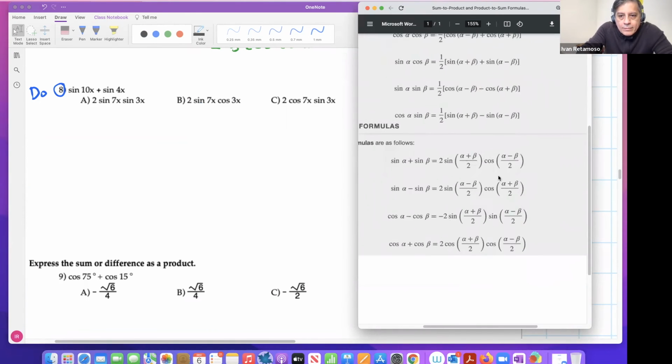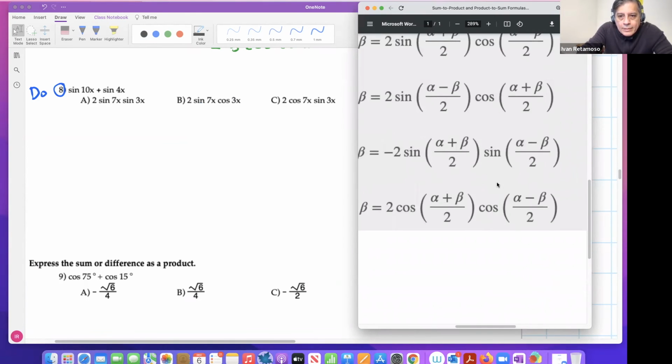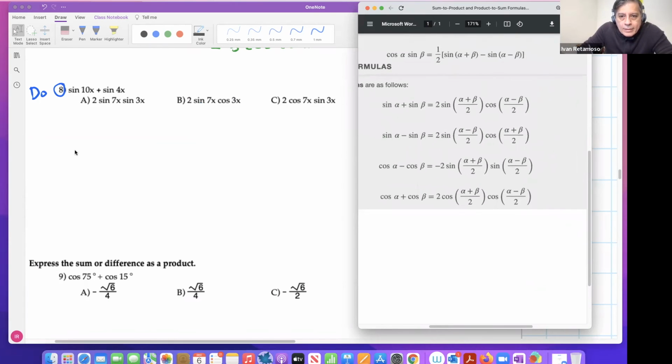I have the list of formulas here for you as a hint. Call the first angle alpha, the second angle beta, right? You are dealing with a sine of an angle plus the sine of another angle. The first formula now. Use the first formula, transform that sum into a product. Go ahead.